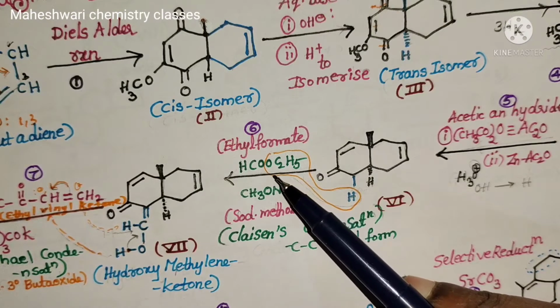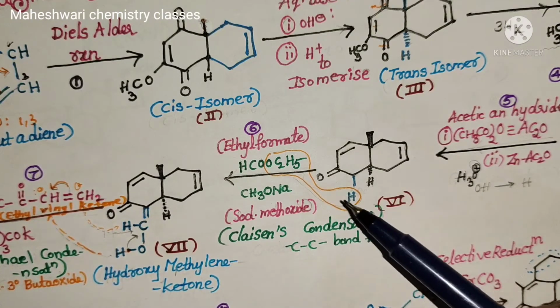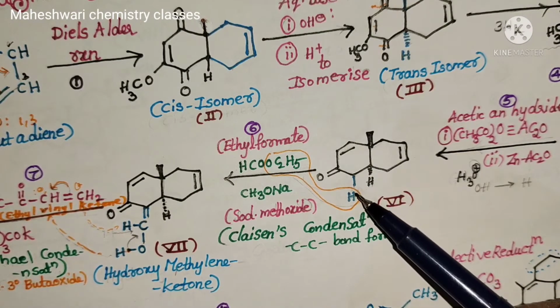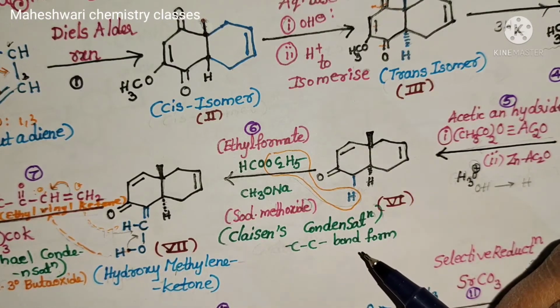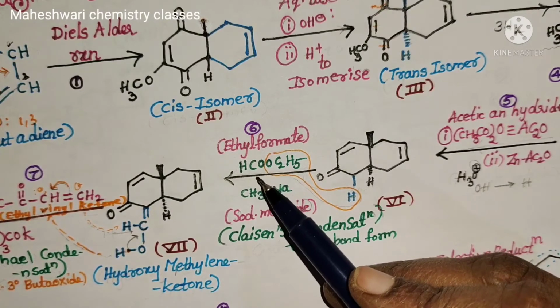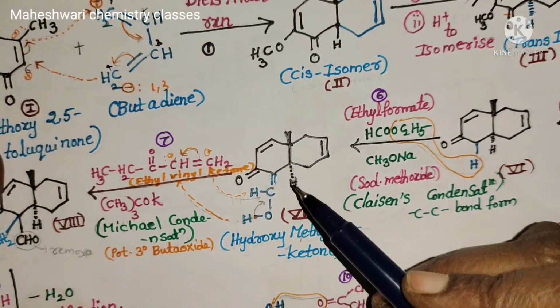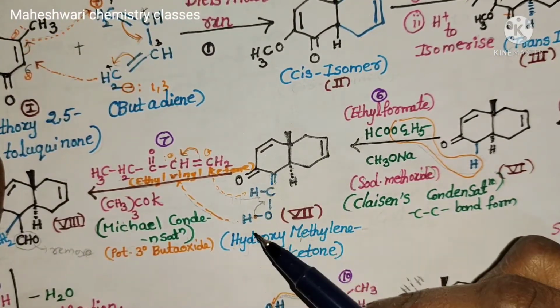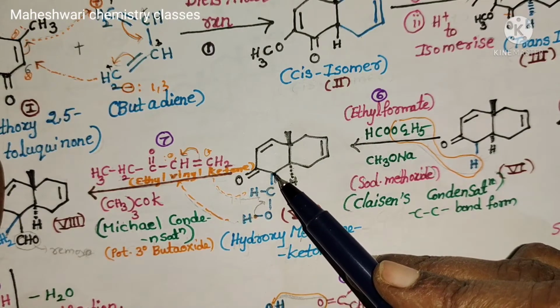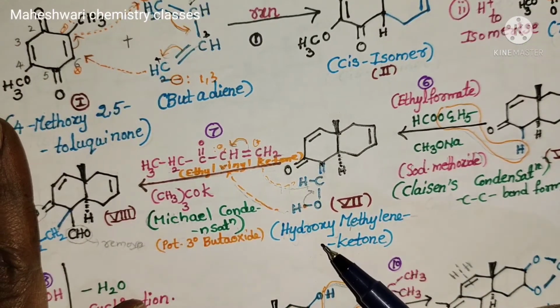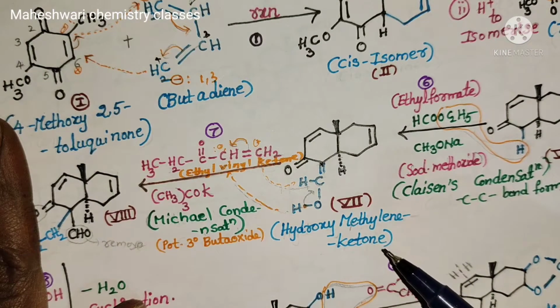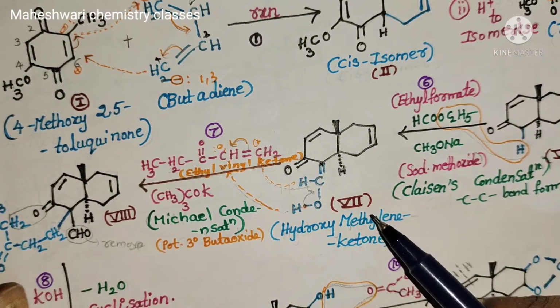The ethoxide minus ion from ethyl formate and the hydrogen plus ion from this ring are both eliminated as ethyl alcohol. Here this C double bond O directly attacks like this, forming CH double bond OH. This is the extra chain formed, nothing but the hydroxymethylene ketone. This compound is the seventh one.